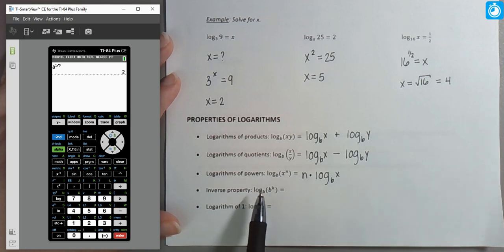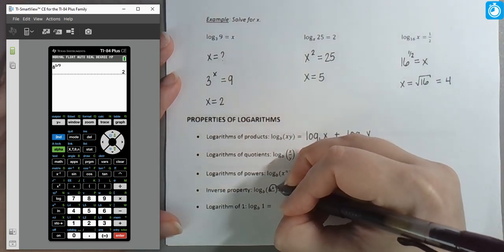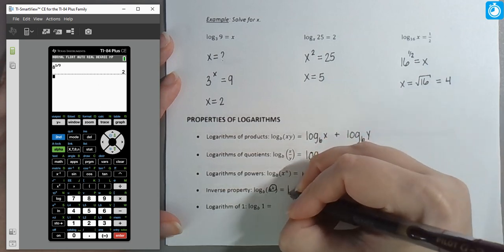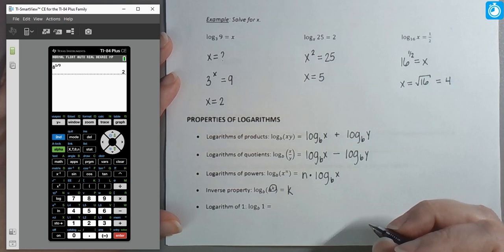So if we apply a logarithm of a particular base to an exponential that also has the same base, notice the base has to be the same. So log base b, exponential base b, essentially the idea is that they cancel one another out and we're just left with whatever would be in the exponent. In this case we're calling that k.